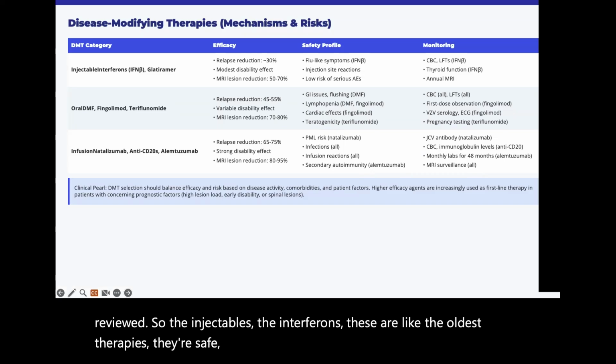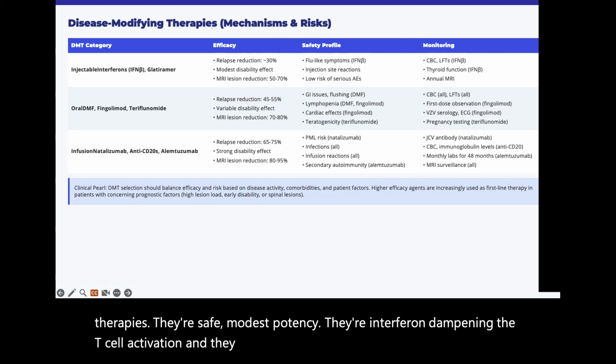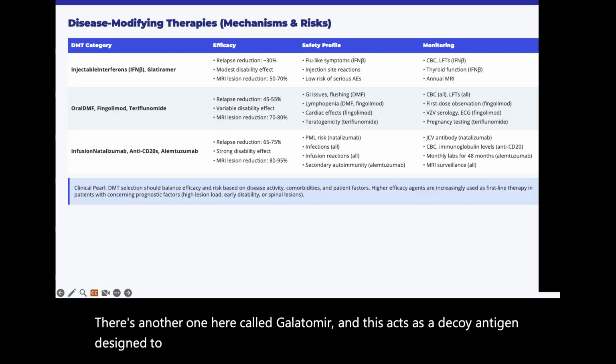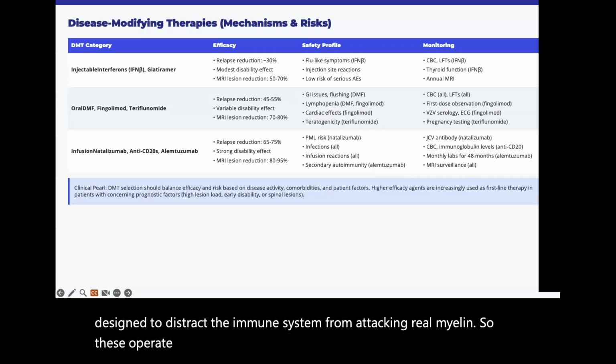They dampen T cell activation and reduce cytokine signaling. There's another one called glatiramer, which acts as a decoy antigen designed to distract the immune system from attacking real myelin. So these operate outside the CNS, weakening the autoimmune trigger.